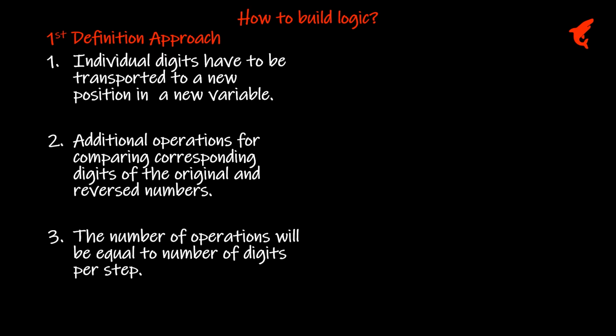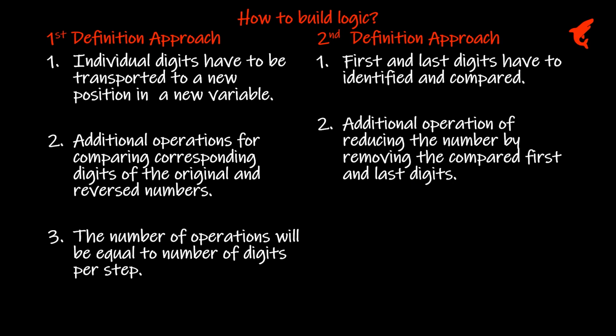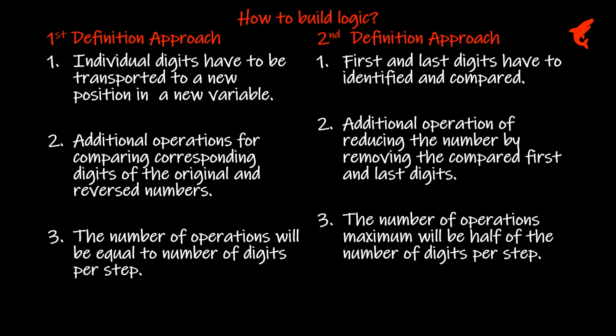Here, the number of operations will be equal to the number of digits per step. The second definition approach will have this logic. First, the first and last digits have to be identified and compared. Next, the number is reduced by removing the compared first and last digits. Here, the number of operations will be equal to half of the number of digits per step.